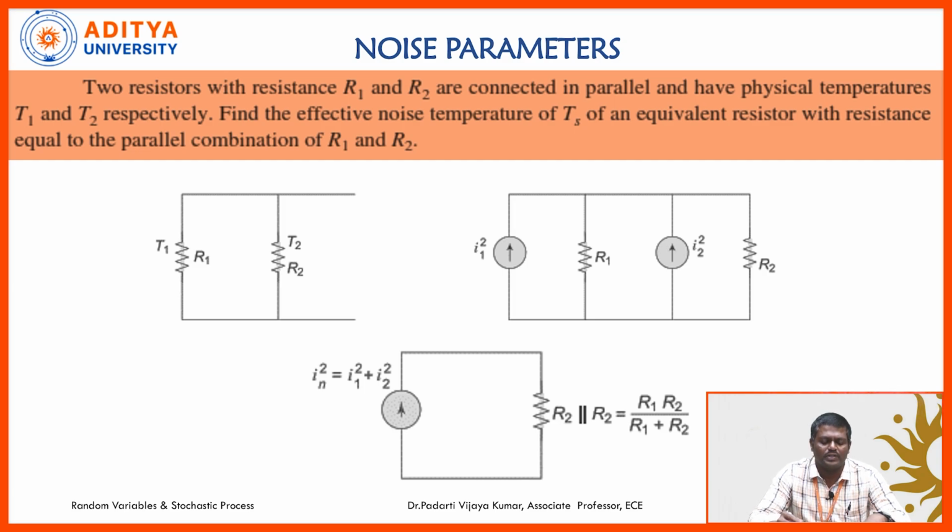In the earlier session, we have seen the effective noise temperature. So, how to compute the effective noise temperature when the resistors are connected in parallel with two different temperatures. So, resistor R1 with temperature T1, resistor R2 with temperature T2. Assume a noise source is a current source. So, current sources in parallel, same direction, we can add the current sources. Parallel connection of resistors, R1 parallel with R2, R1 R2 by R1 plus R2.